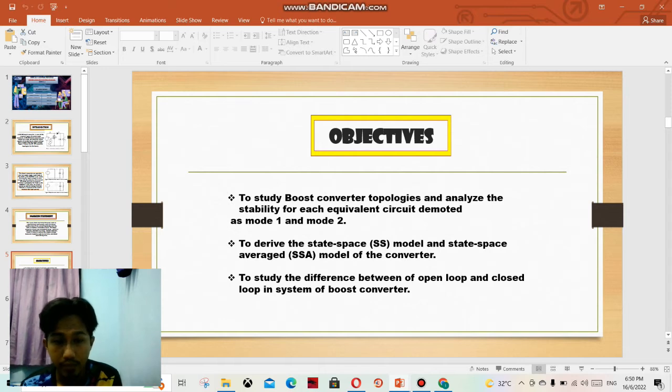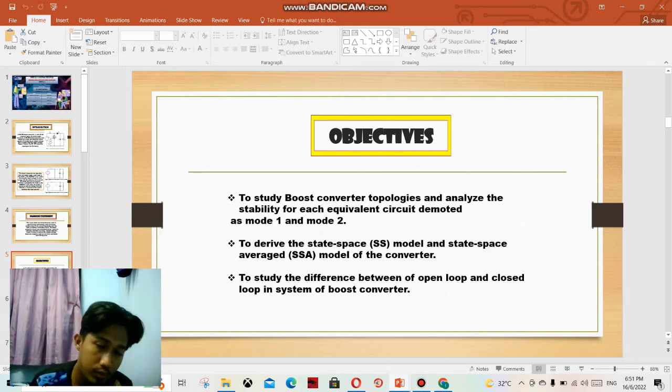Second, to derive the state space (SS) model and state space average (SSA) model of the converter. Third, to study the difference between open loop and closed loop in the boost converter system.